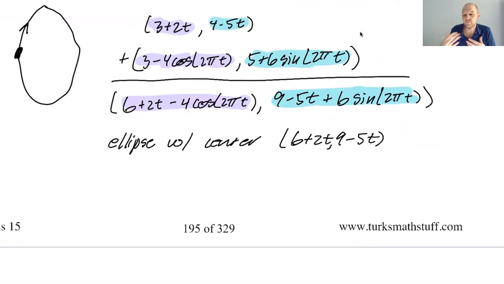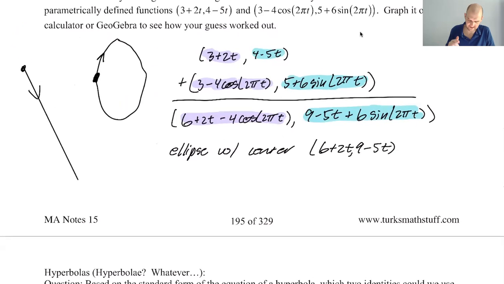So the center is going to move. And then for the ellipse, you can go 4 in either direction for x and 6 in either direction for y relative to the center, and you start at this left point here and go this way, right? What if we think of it that way? So I think it's an ellipse with that center.